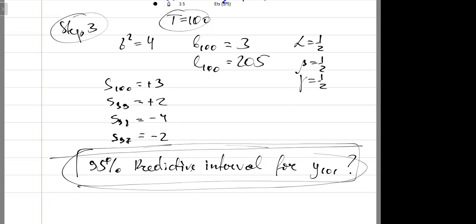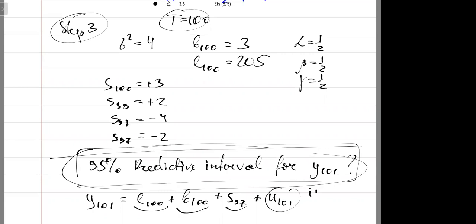Just write the formula. What is the formula for y101? What is the formula for the next y? It's L100 plus B100. So it's past level, past slope, plus S97, the past seasonal effect, plus U101, that is independent of what we know.